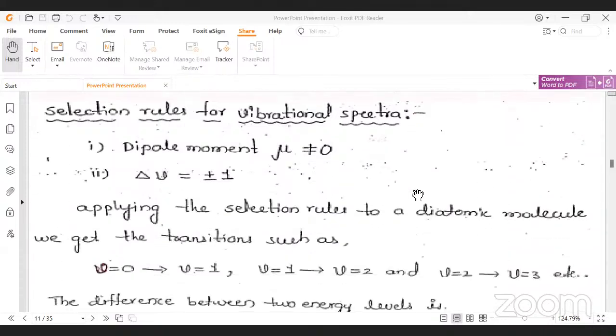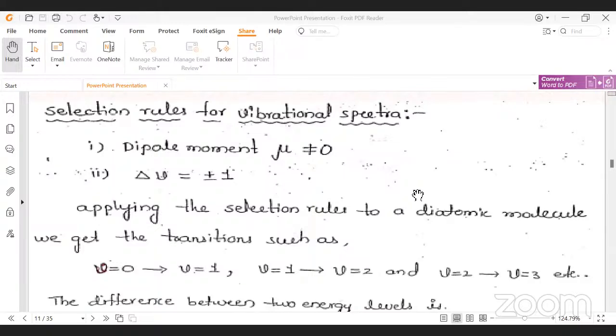What are the selection rules for vibration spectra? First, the molecule should have a dipole moment. If the molecule doesn't have a dipole moment, it is not active in FTIR spectroscopy.